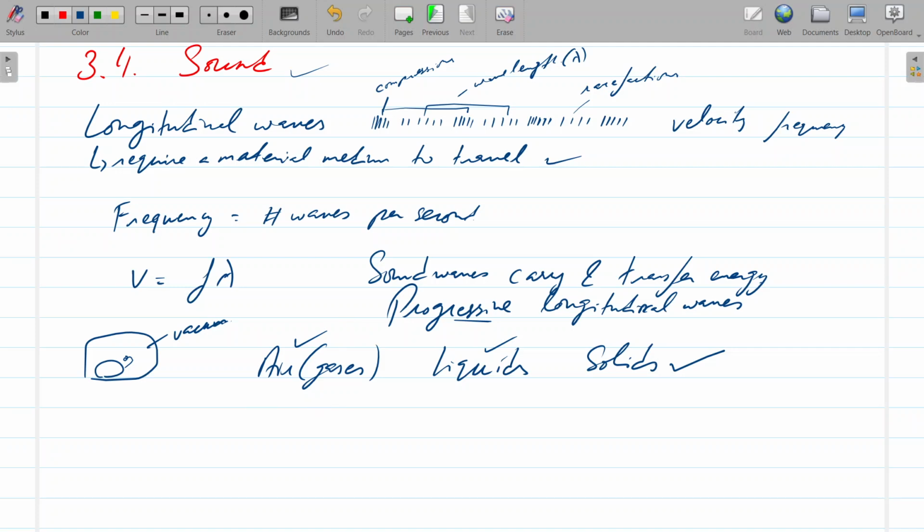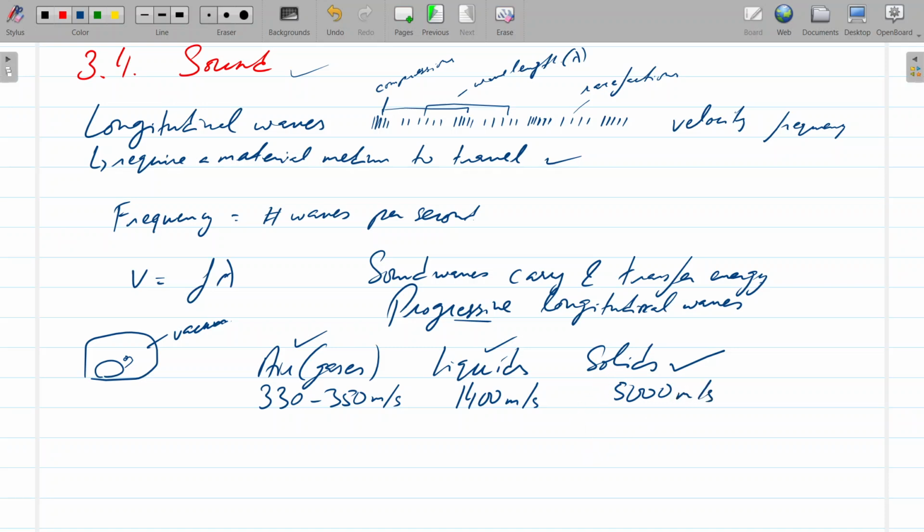The speed of sound through air is 330 to 350 meters per second. It's obviously much less than light, but for comparison, in water it's 1400 meters per second, and in solids like concrete, it's 5000 meters per second.